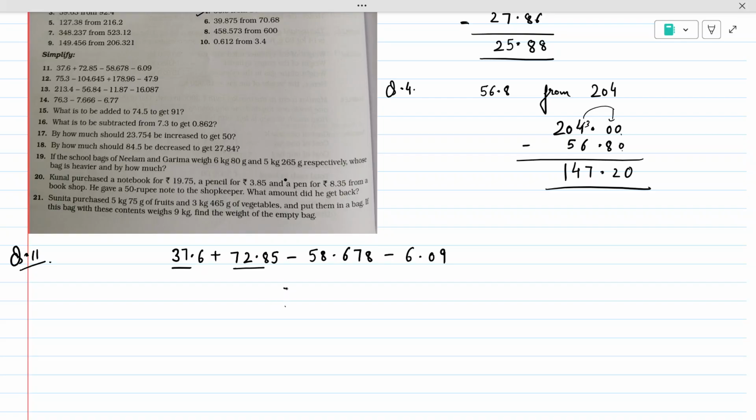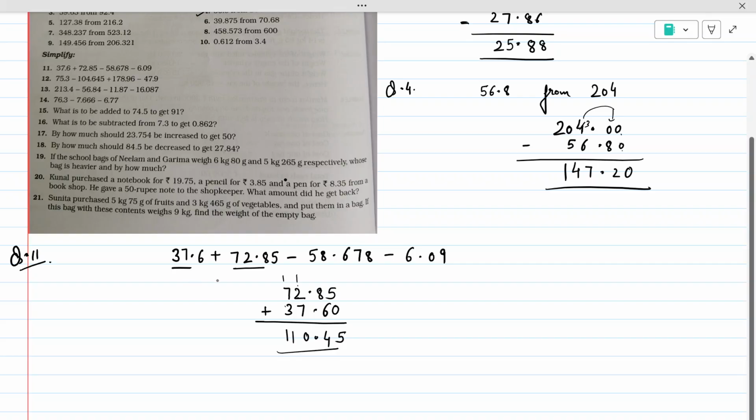Okay, so let us add 72.85 and 37.6, adding 0 here to make it like decimals. So here we are going to get 5, 8 plus 6 is 14, 7 plus 2, 9 plus 1, 10. Okay, 7 plus 3, 10 and 11. So when we have added, we have got the number 110.45 after adding these two.